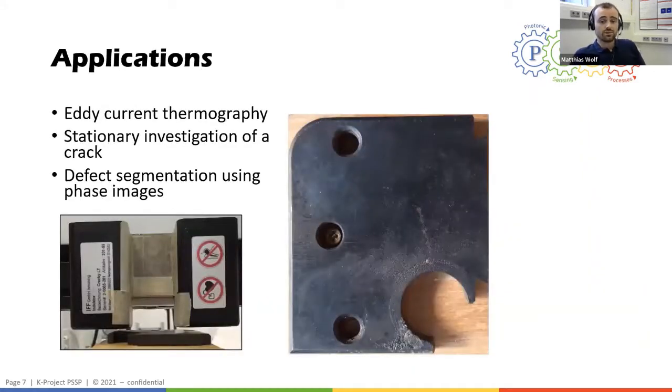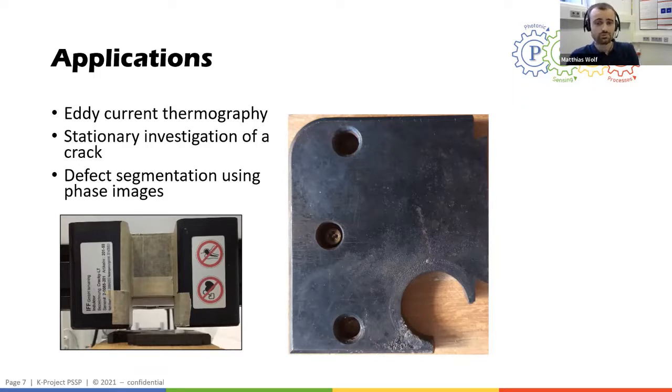Now I want to continue with some examples to show the capability of active thermography for the inspection of metal parts. As mentioned before, especially for metals, it's really beneficial to use eddy currents for thermal excitation. On the left side of this slide, you can see a typical setup where we placed a metallic specimen on the bottom and put a mid-frequency inductor on top of it.